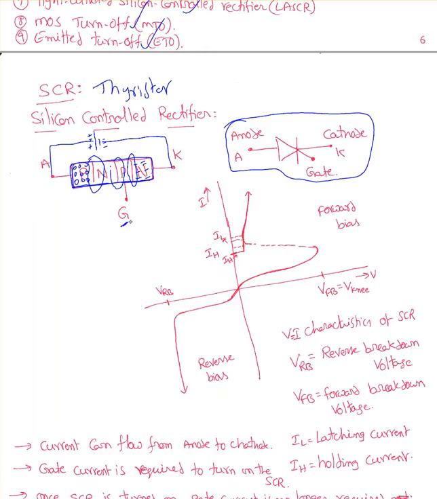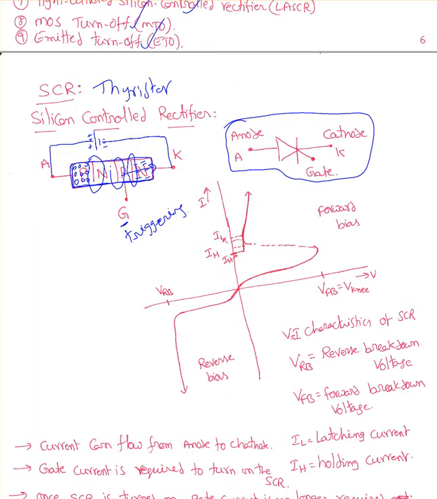Whenever I give a signal to the gate, that signal is also called triggering. Whenever I trigger the gate, this junction is going to be closed and the current is going to pass in this direction. So now it will act like a closed switch.